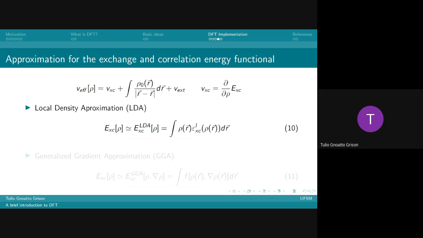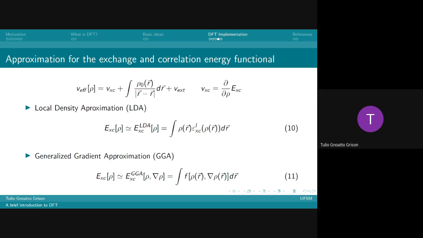In fact, the correlation and exchange term is not so easy to obtain. Perhaps determining the expression of the exchange-correlation energy term is the biggest challenge of this theory. Here I show two examples of analytical approximations for exchange and correlation functionals, which are LDA, local density approximation, as it takes into account that the energy in a given region is constant and has terms that explicitly involve the electron density functional.